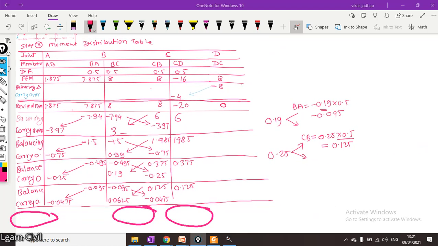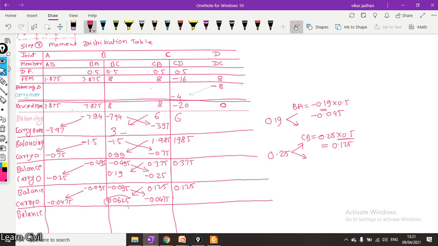We have to go for a balancing again, because the problem can be completed at the stage of balancing only. So again go for balancing, balance this moment of 0.625 with a balancing moment of minus 0.625 and distribute this among BA and BC.